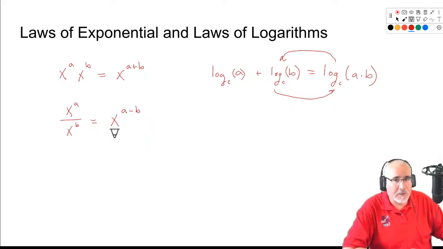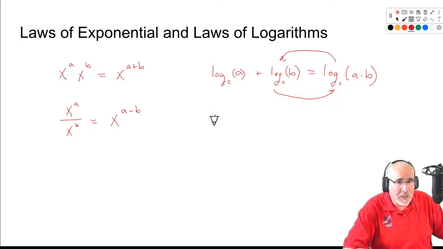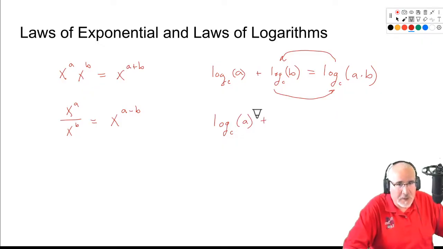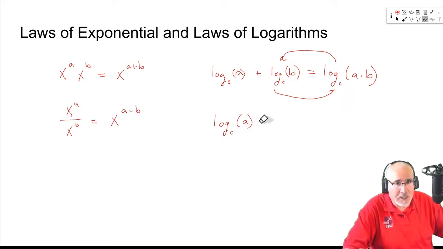So that's a property of exponentials. Logarithms look very similar, and it's very similar to the addition, but it would be log base c, let's say, because we have to have a base, right, of a, or maybe make it base x to match, but oops, we're not adding. We're going to subtract here.